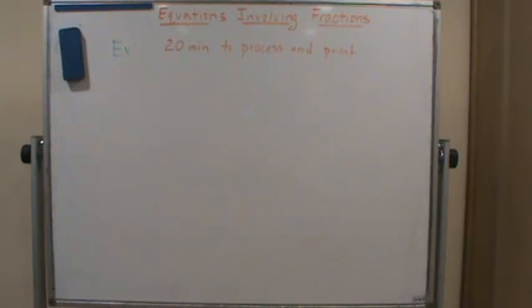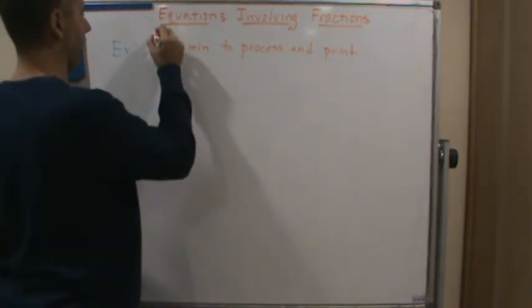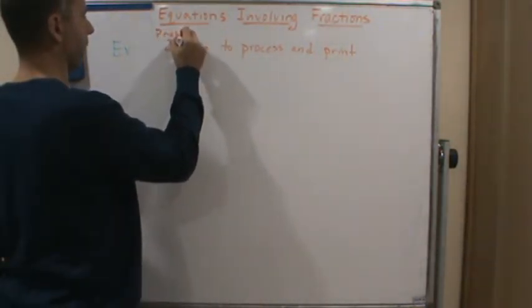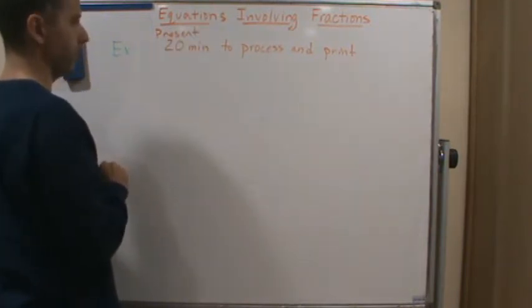Then it continues. To process the data more rapidly and to handle increased future computer needs, the firm plans to add new components to the system. One set of new components can process the data in 12 minutes without the present system. Okay, so this is the present system.